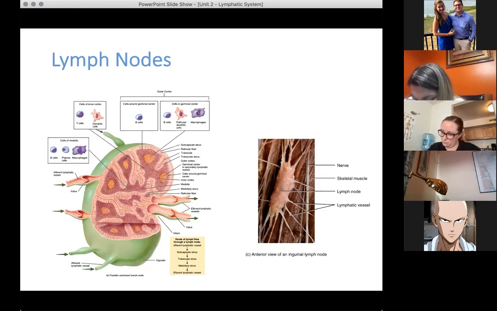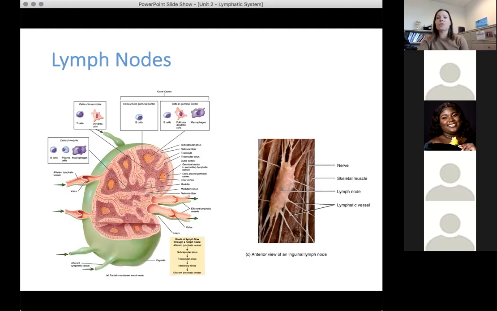So in most places in the body, they're found pretty deep within tissues, but there are 3 places where they are closer to the surface, where sometimes if they get inflamed, you can actually feel or see them. So the 3 places where you have like big groups of them, where you can often see them if they get swollen or inflamed, are the inguinal region. Do you guys remember what inguinal refers to? What region of the body?